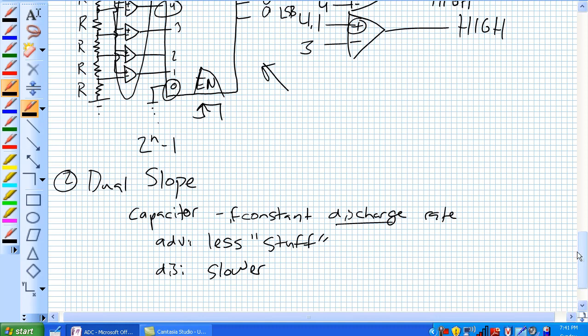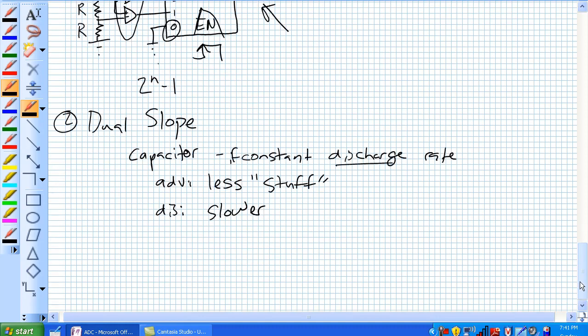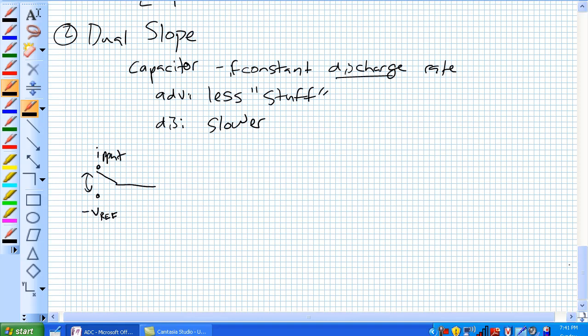Okay, so a quick functional diagram of this guy. So here's our input, here's our negative reference, and that's critical. And here's a switch that can flip-flop in between these two guys. We've got our current limiting resistor.